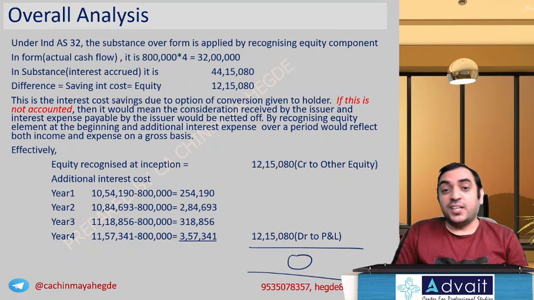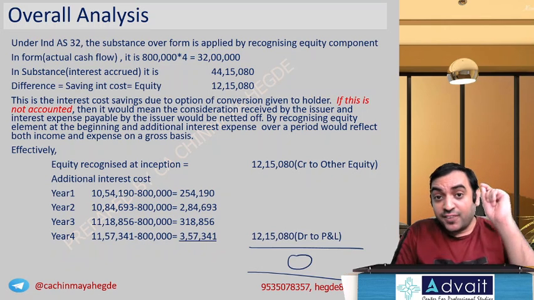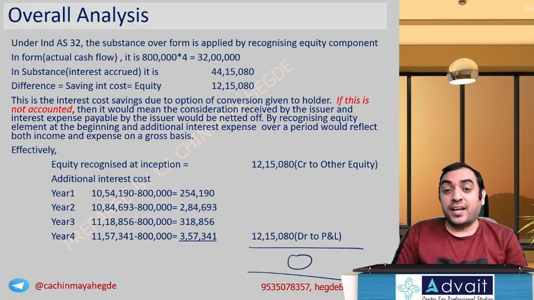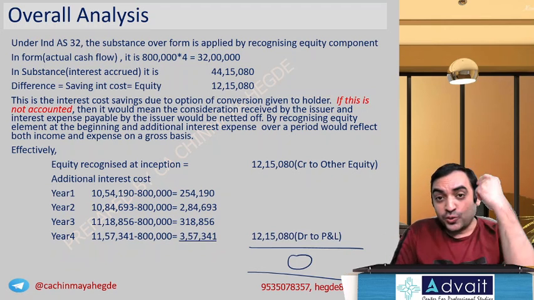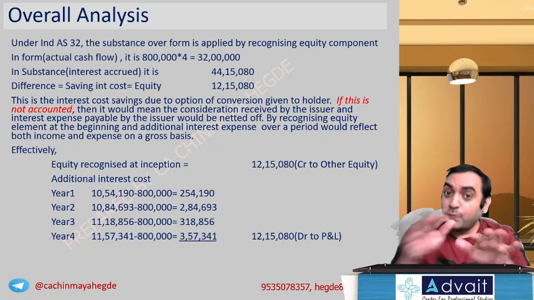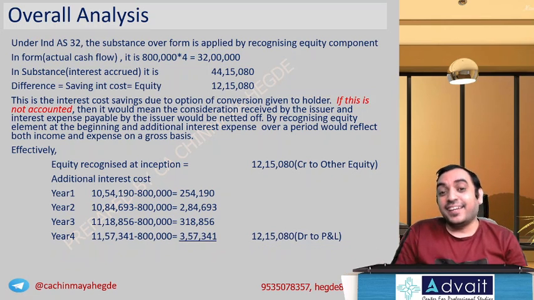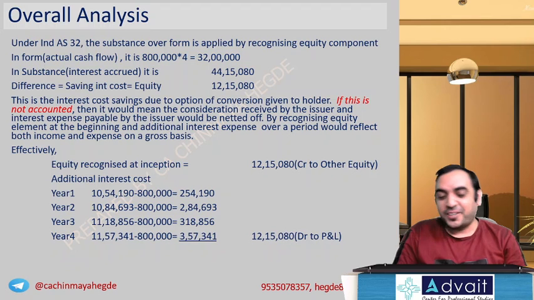Every year, the P&L account matters, interest cost matters, the interest coverage ratio matters. When interest cost is different, your ROCE, ROE, interest coverage ratio, debt equity ratio, so many ratios are going to be influenced because of this accounting. Overall, maybe zero, but interpretations, positions, utilities, all of that is going to be completely different.